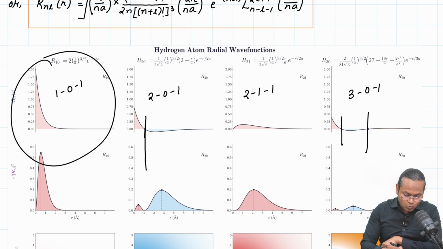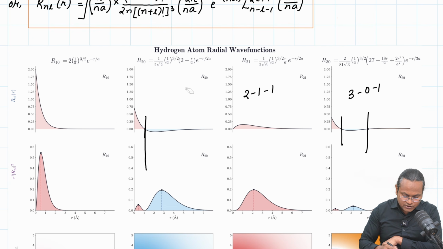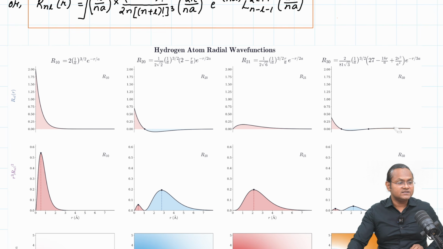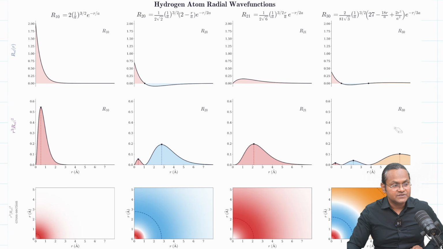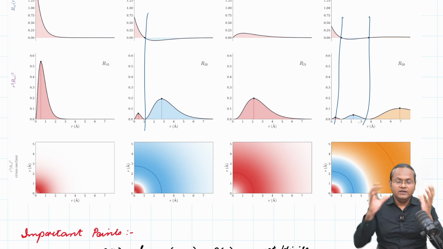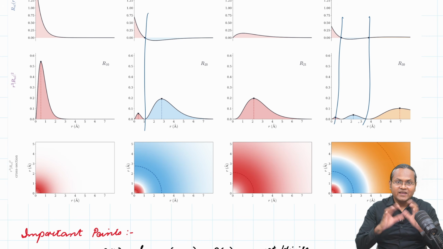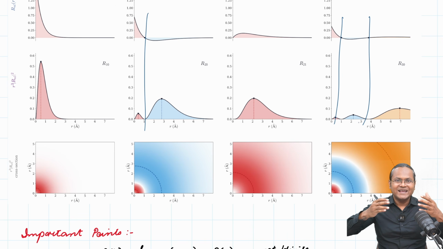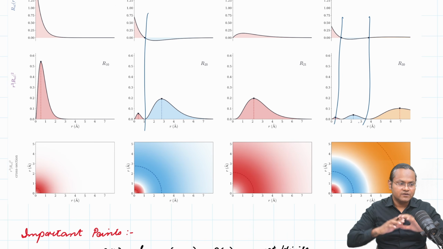Okay, so what are these points in which the function effectively crosses the horizontal axis? These will ultimately represent 0 probability points. And because we are talking about the radial direction and the atom is effectively a spherical atom, along the radial direction these points are essentially nodal surfaces.